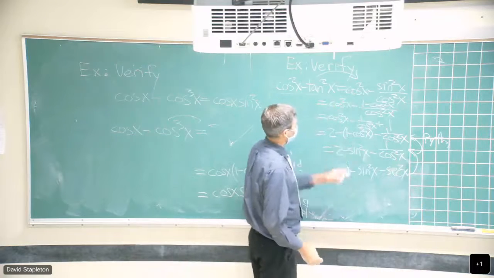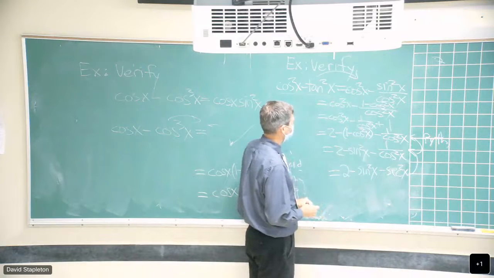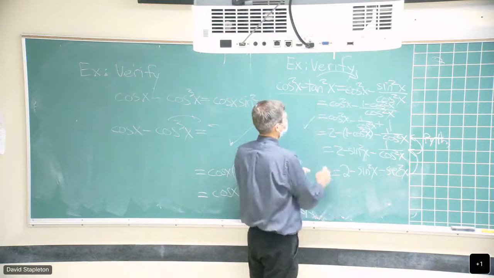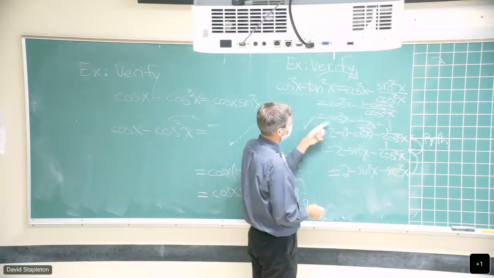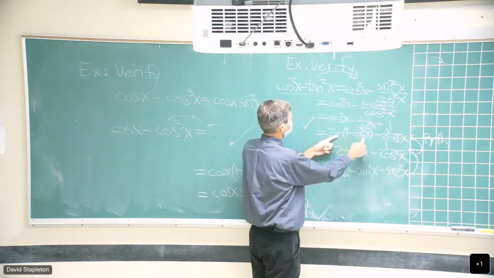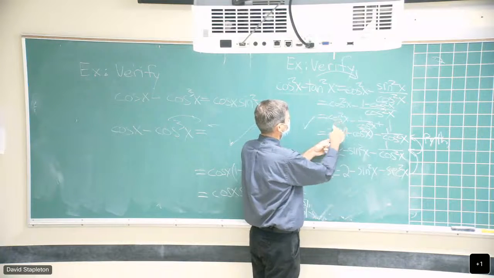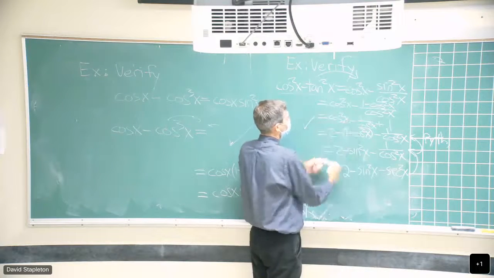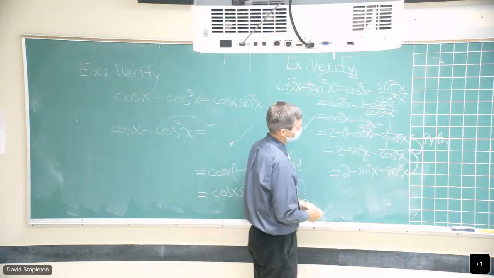Sine squared is 1 minus cosine squared. And now can I make it match? Yeah, we see it at this point. I drive a spike right here because I think you can see it here, right? Minus a minus cosine squared is cosine squared. That's that one. 2 minus 1 is 1, and here's my minus 1 over cosine squared. So they met in the middle. Okay, just enough room, I guess.